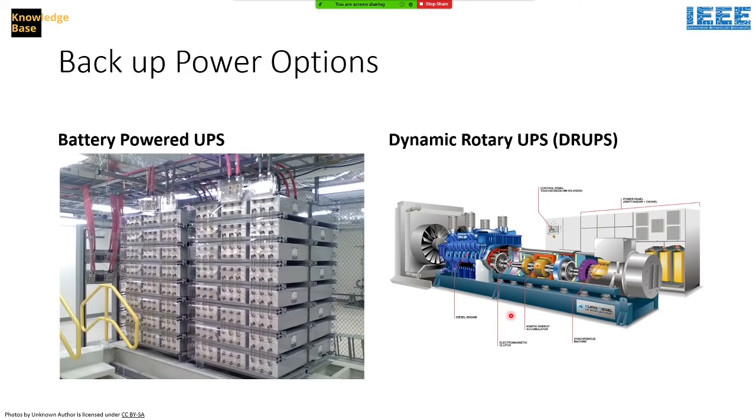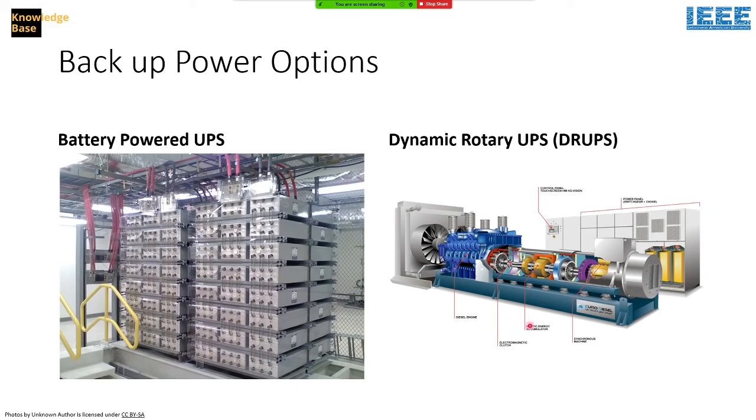What we are trying to do in a UPS, from a theoretical point of view, is store energy, so that when the main source of energy is off, we can maintain our data center for some time. In a battery powered UPS, we store the power as chemical energy inside the batteries. And in a dynamic rotary UPS, we store the power as mechanical energy.